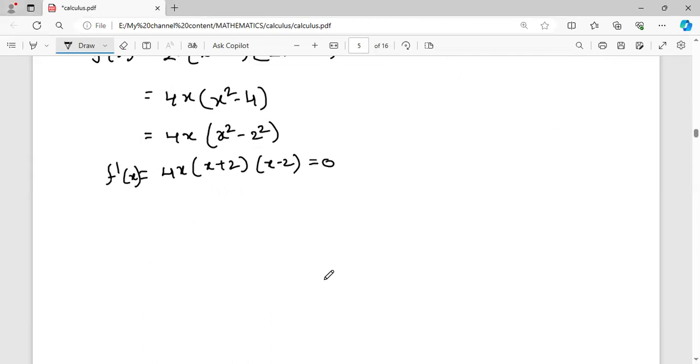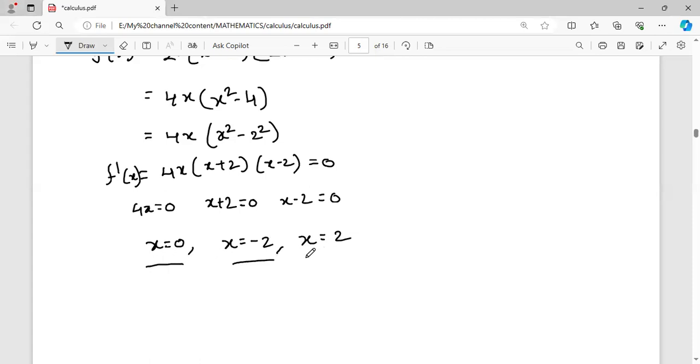Then 4x equal to 0, x plus 2 equal to 0, x minus 2 equal to 0. So x equal to 0 is one value, and x equal to minus 2 and x equal to 2. So here you get three values of x.